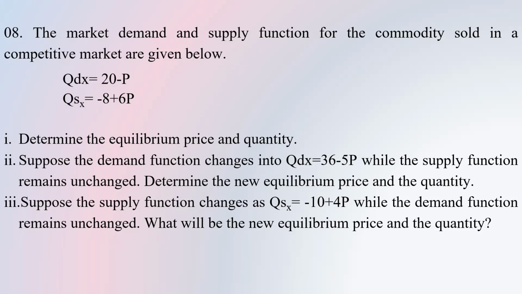Suppose the first demand and supply curve is QDX 20 minus P, QS is minus 8 plus 6P. Then first you have to calculate the equilibrium price and quantity. Then suppose the demand function changes 36 minus 5P. Then calculate again new equilibrium price and quantity. Then suppose the supply function changes QS minus 10 plus 4p.